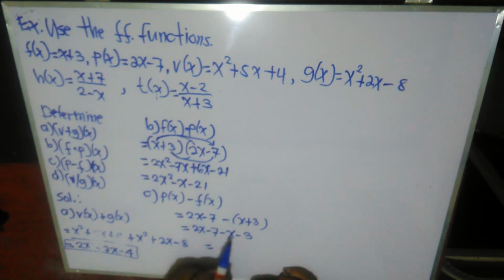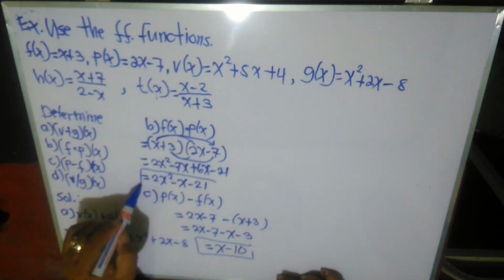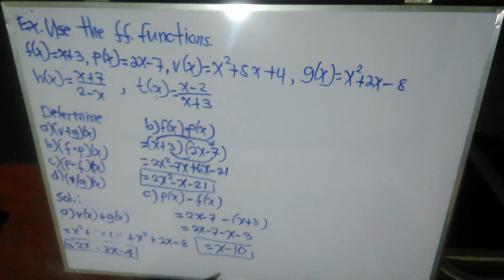Then combine the like terms: 2x and negative x, using the law of signs, that is x. Then negative 7 and negative 3 combine, that is negative 10. So this is our answer in letter C, and this is our answer in letter B.